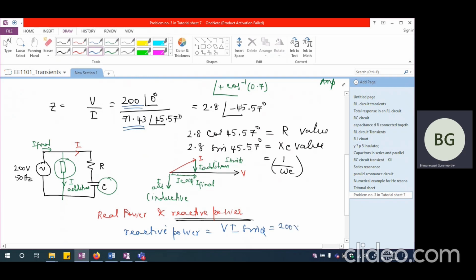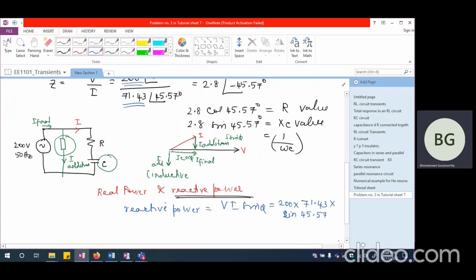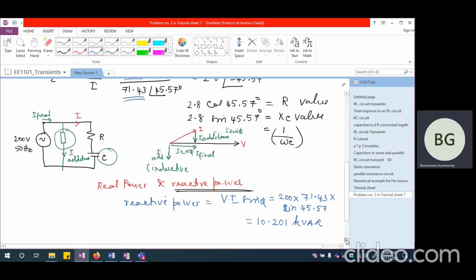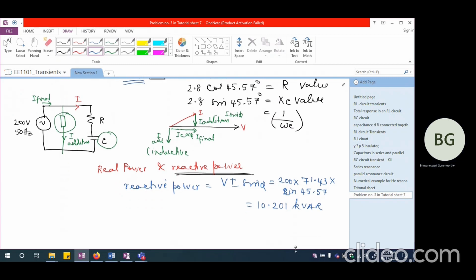So 200 multiplied by 71.43, multiplied by sine of 45.57, will give me the reactive power value. This reactive power comes out to be 10.201 kVAR. This is the volt ampere reactive.